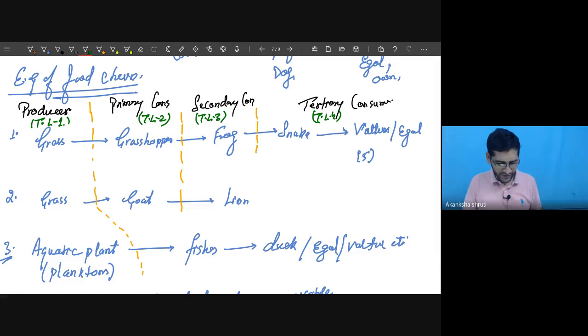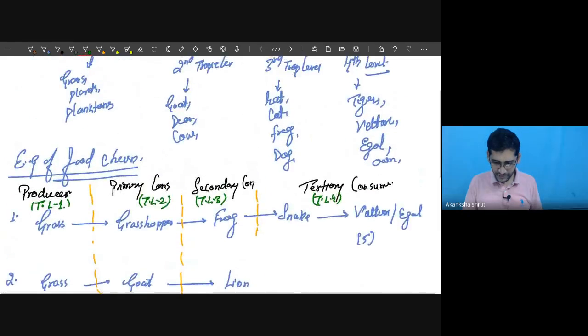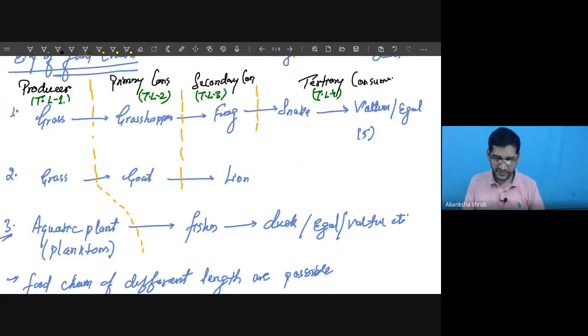So trophic level 1 is called the basic trophic level, and trophic level 4 is called the top or apex of the trophic level.